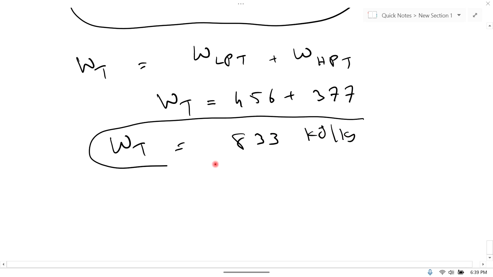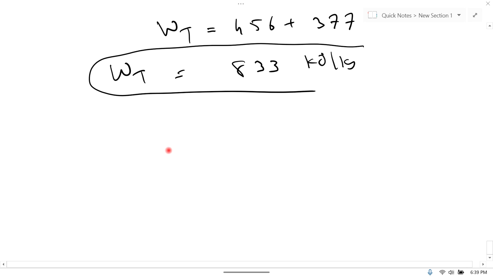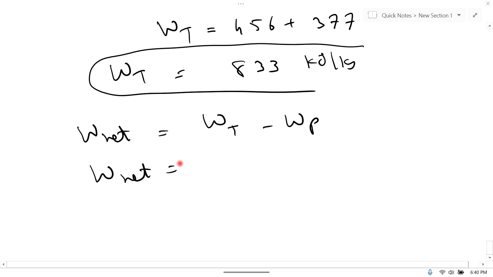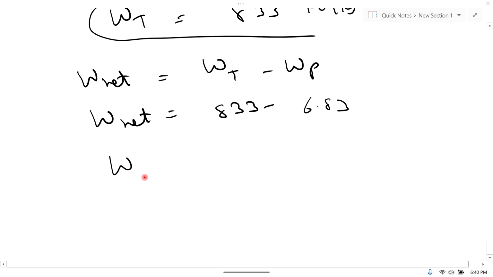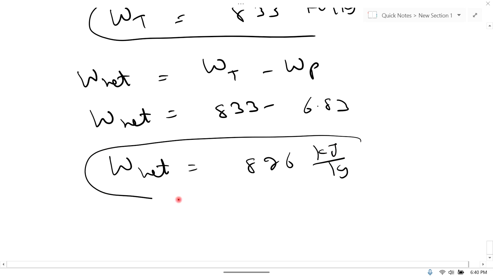Now we can find net work because work of turbine and work of pump are now known to us. So net work is equal to work of turbine minus work of pump. Work of turbine is 833 and work of pump is 6.83. So net work is equal to 826 kilojoule per kg. This is net work.